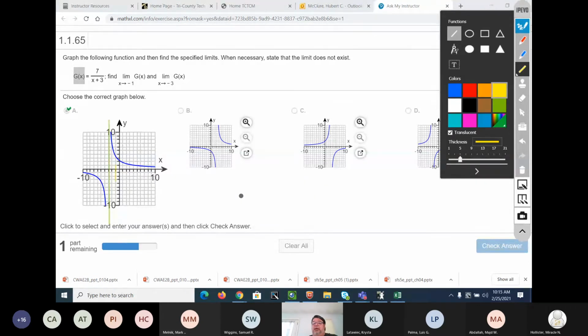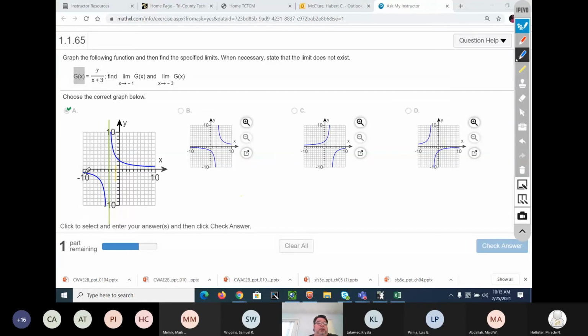Now, I'm going to take my dot that I use. At negative 10, I got about negative 1. At negative 5, 1, 2, 3, 4, 5, I got a negative 2.5. At negative 4, I got like a negative 6. And then I jump over negative 3, and I'm approaching 1. Well, it jumps up here and comes down.